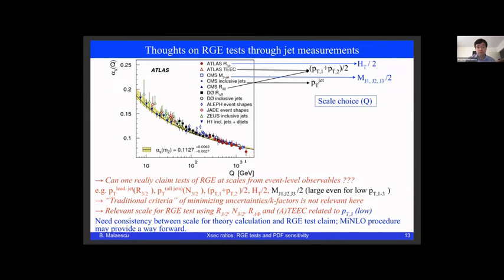So Bogdan, let's concentrate on this here. For sure, if you do a comparison of a measurement and the scale that you choose has nothing to do with the observable, then probably you will see that your prediction and the behavior of the prediction do not very well match the data. Here in this particular case, one must add to this observable that the rapidity is constrained, if I remember correctly, to plus minus 2 something.